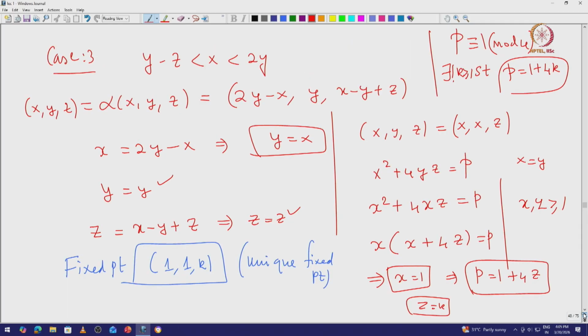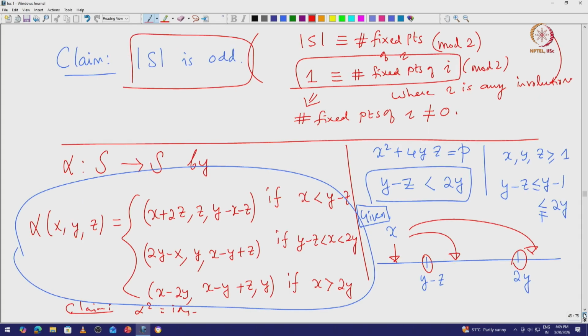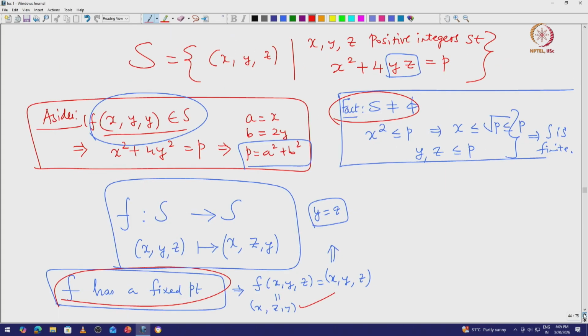So, that means we have this cardinality of S is odd, and if you go back to the natural involution that we considered, x y z goes to x z y, that will have a fixed point and that will give you the required A B that we wanted. Okay.